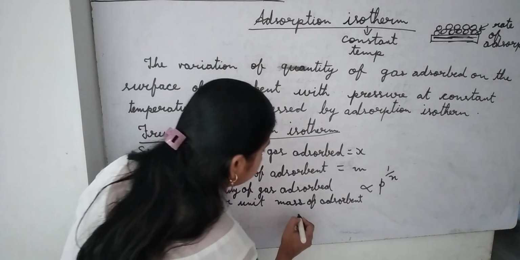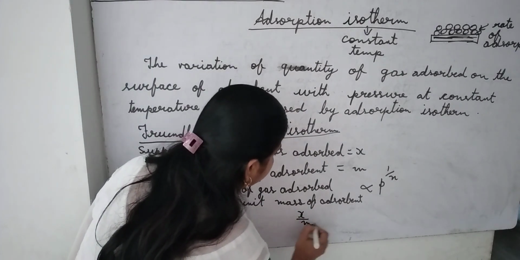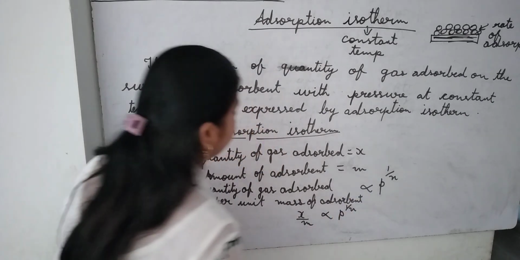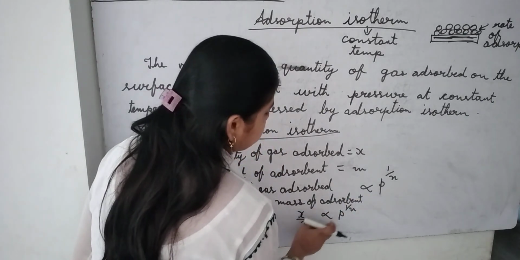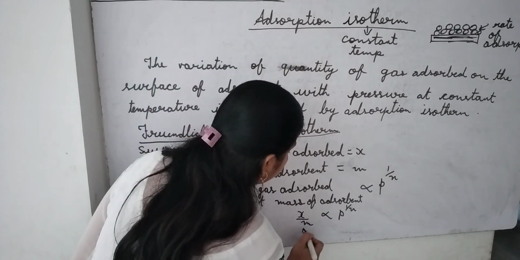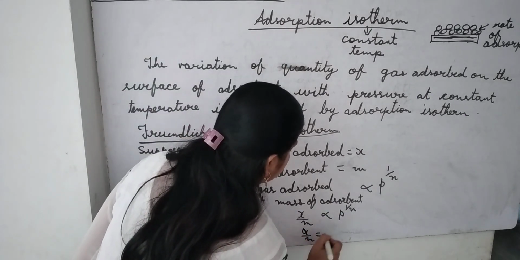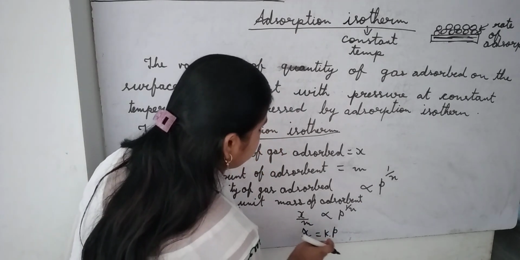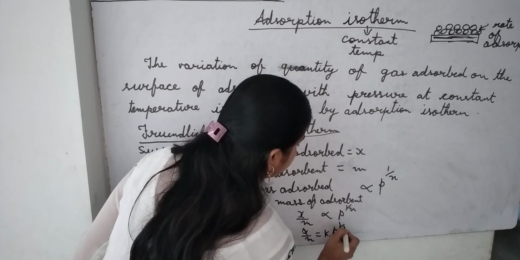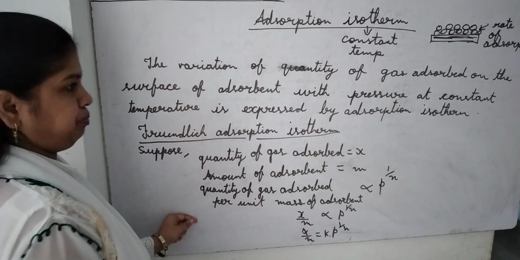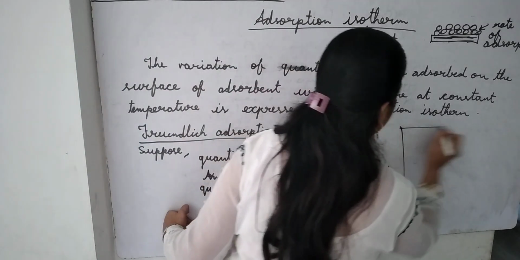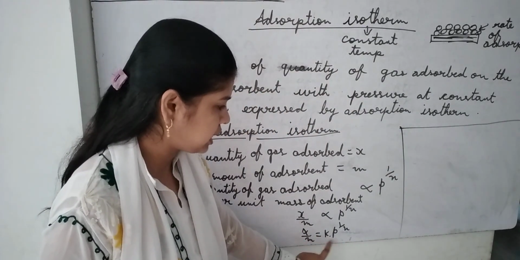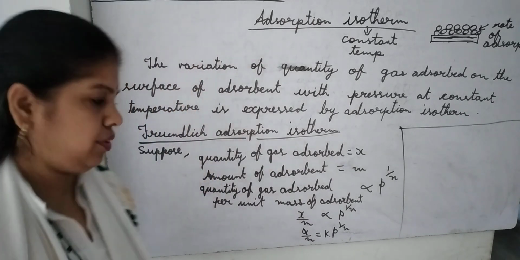That means x by m is directly proportional to the pressure, which has power 1 by n. Now this proportionality will be removed by proportionality constant K. So this is x by m is equals to K P to the power 1 by n. Now here I am going to tell you how we can express K and 1 by n.